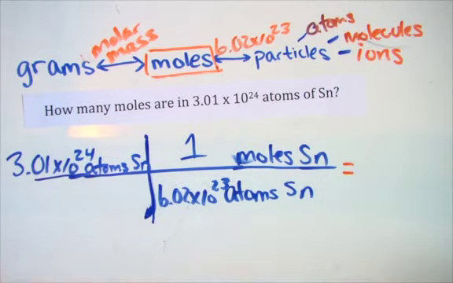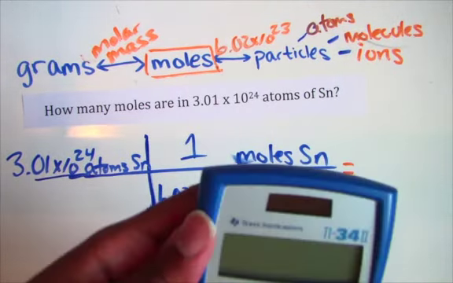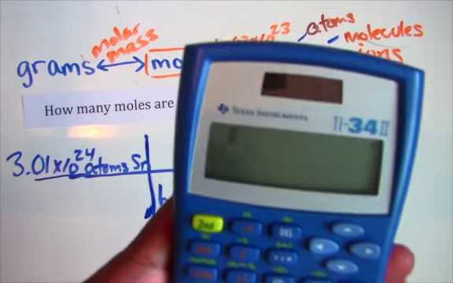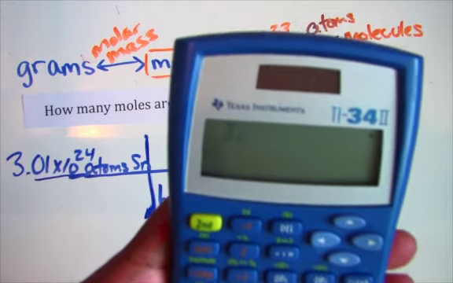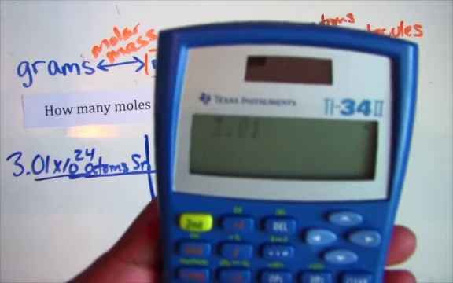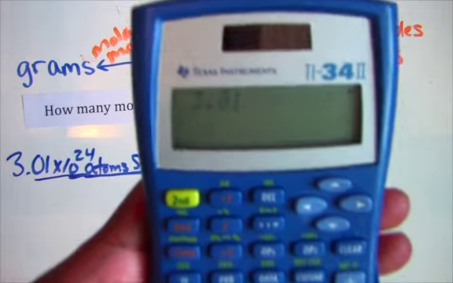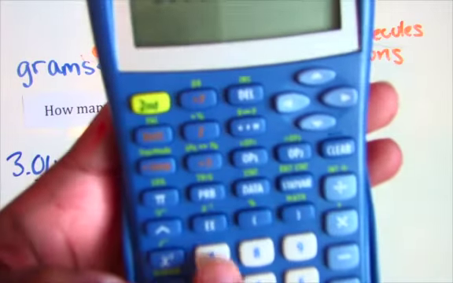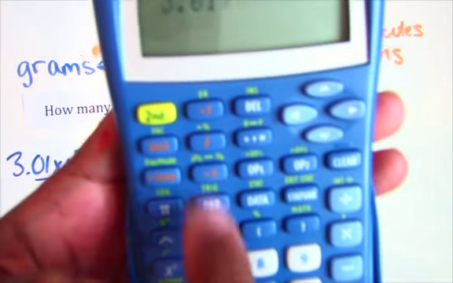So now this equals, so when we put this in our calculator, remember, we're going to have the first one, which is 3.01. We're going to put this E here. So you see this E right here. If it is right above there, right, we'll do second E, but mine is up here.